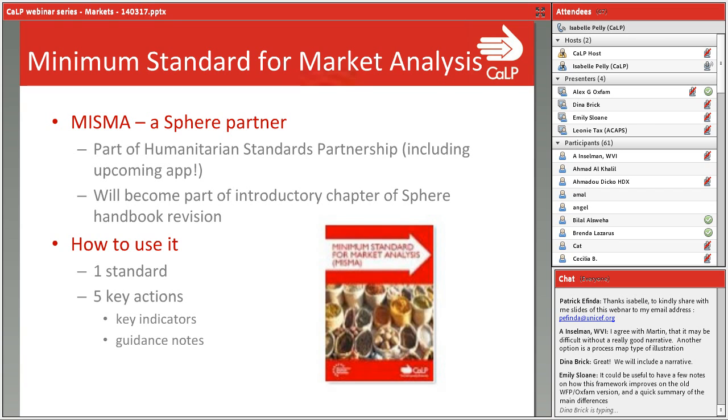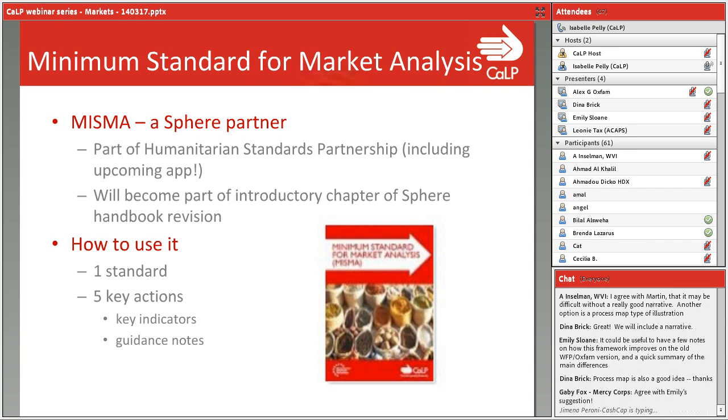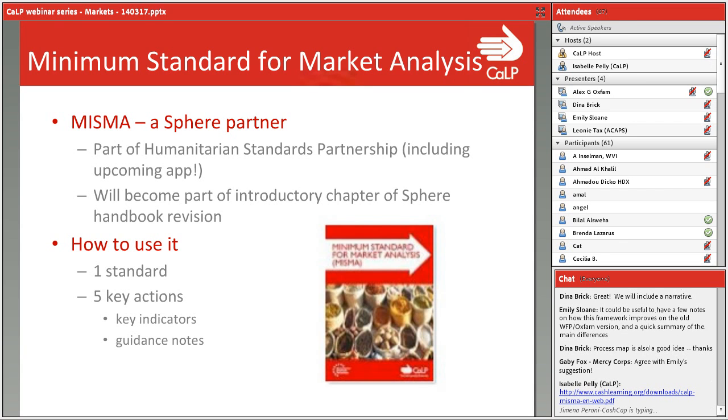And given that cash and markets are being really heavily embedded into the current revision of the Sphere Handbook, what we are trying to do is include the minimum standard for market analysis as part of the introductory chapter of the Sphere Handbook revision, stating that it is an essential part of analysis for any sector. So I'm just going to provide a link to it here in the chat box so that you have it.